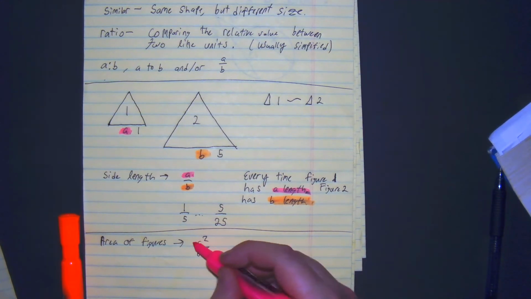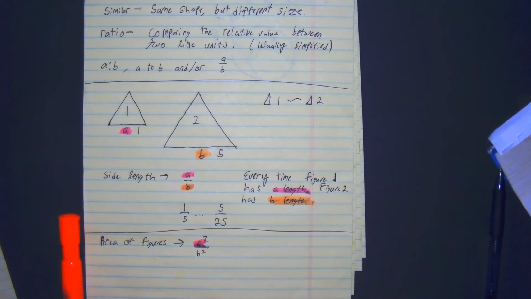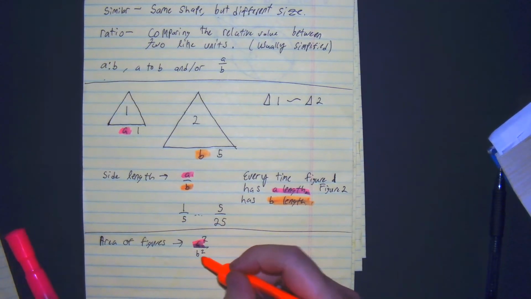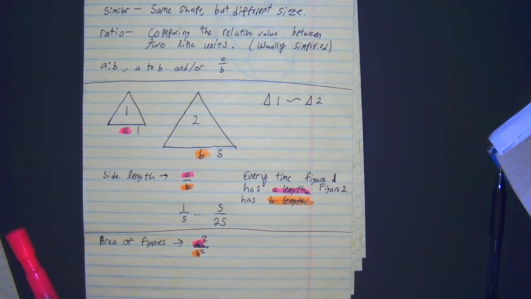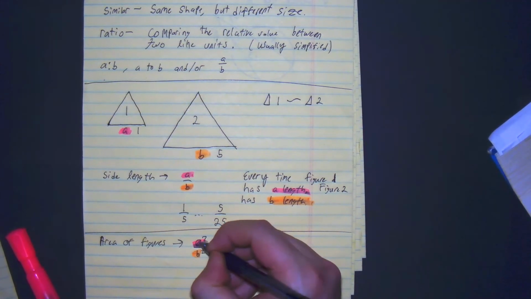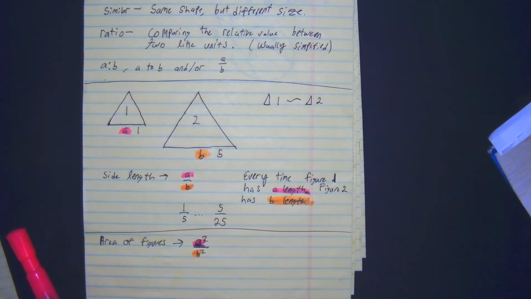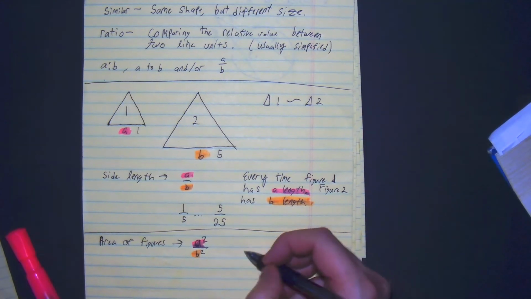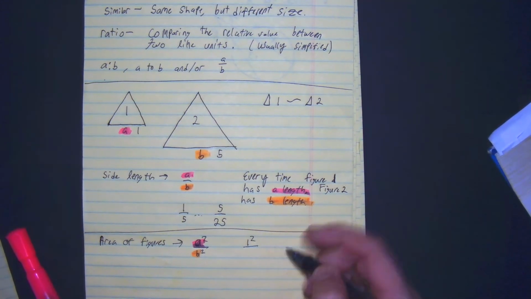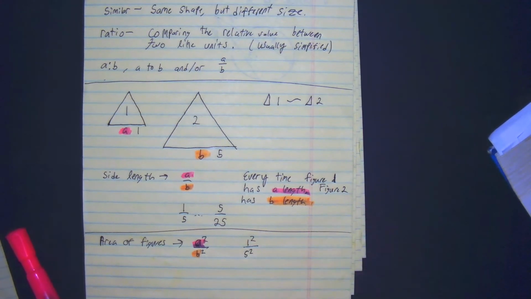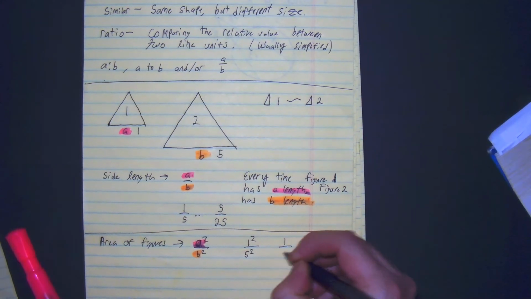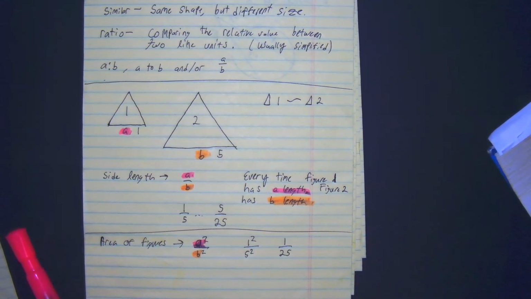If we use the numbers, that would be 1 squared over 5 squared. So the ratio between the areas of these two figures would be 1 over 25.